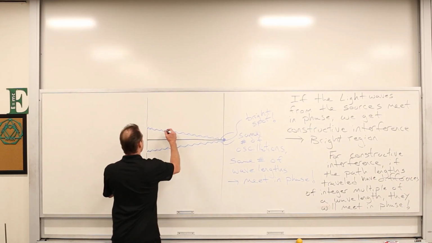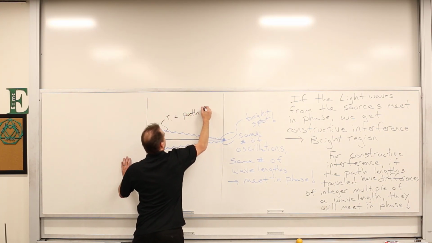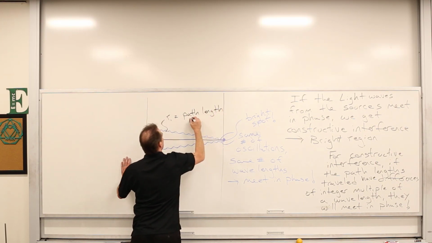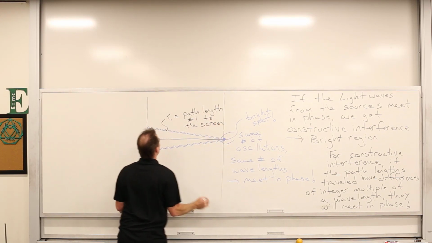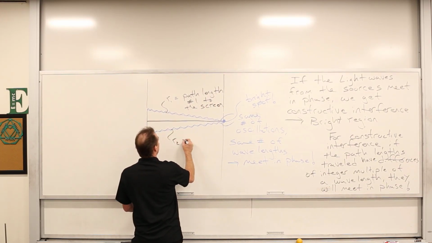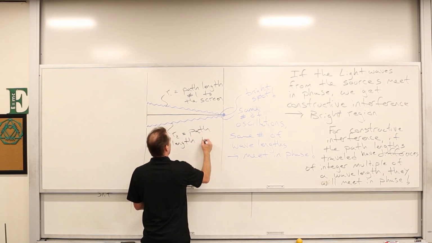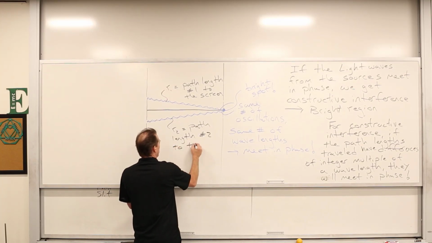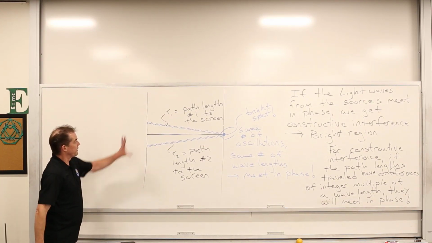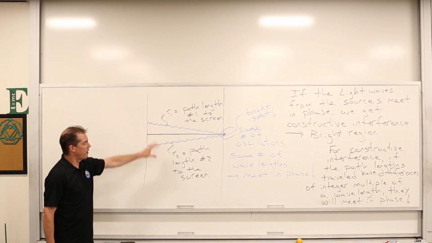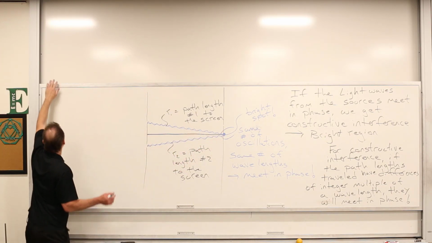Then this is what we're going to get. So we can say we've got some path length, R1, and we've got some R2. If the difference between those two path lengths is an integer multiple of a wavelength, they meet in phase.